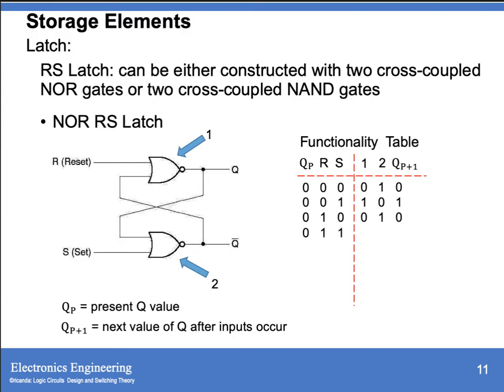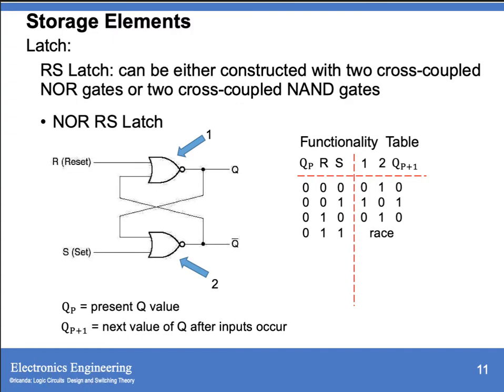Then for 1, 1, when this is equivalent to 1 and this is also 1, both outputs must generate a 0. But which of these two NOR gates will generate the 0 first? We don't know, so we call that a race condition.